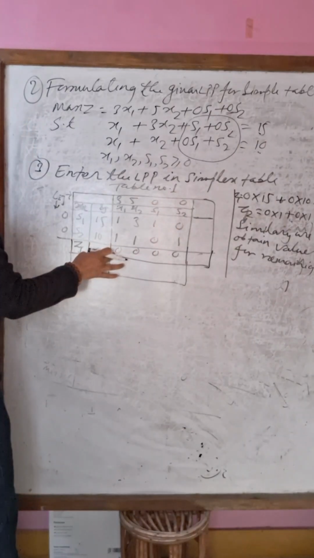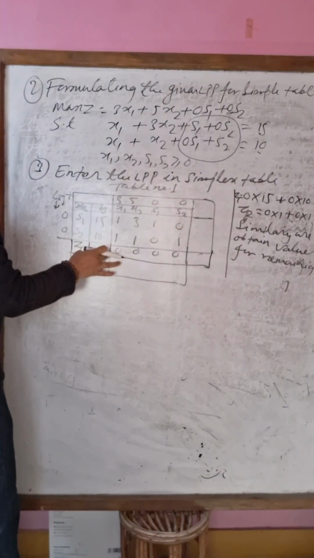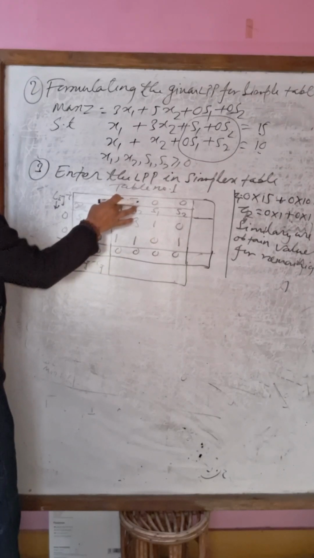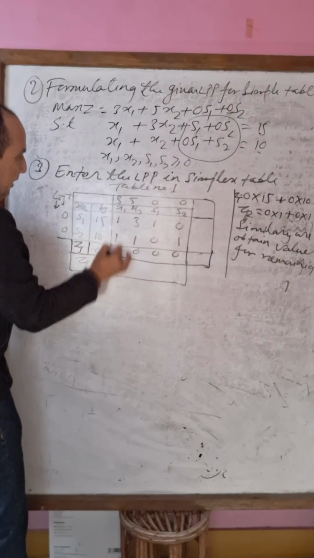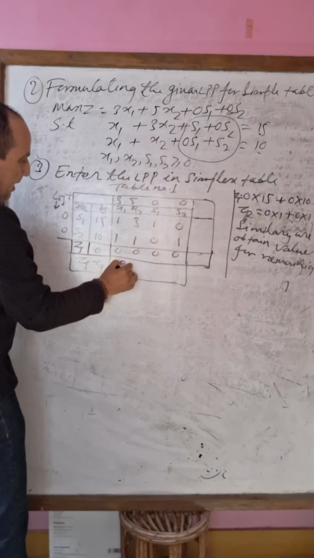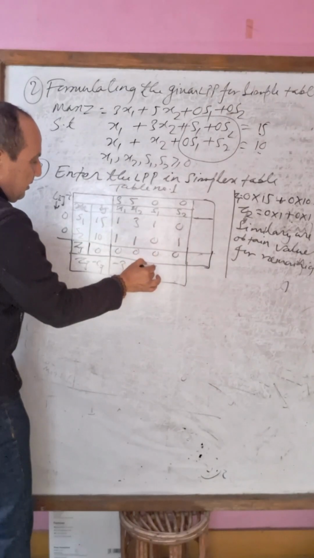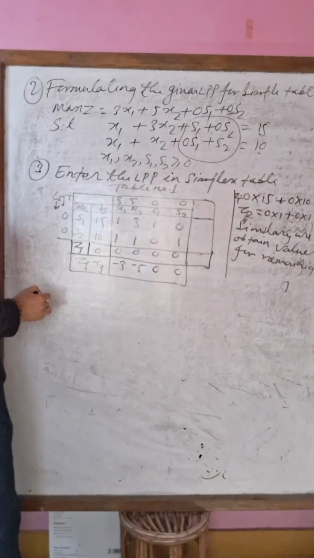So you subtract Cj from Zj: 0 minus 3, 0 minus 5, 0 minus 0 is 0, 0 minus 0 is 0.